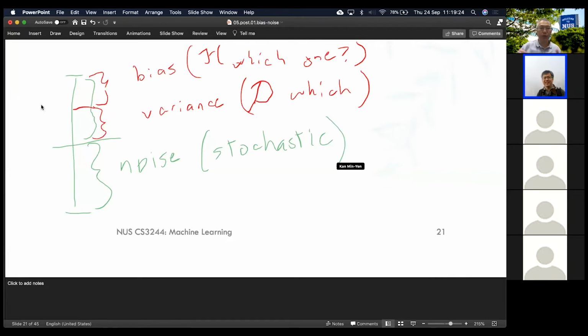So it depends on what you mean by noise. If you're talking about stochastic noise, by default it doesn't directly change the part between bias and variance. But of course, the stochastic noise will be responsible for making your data set D worse, because there's more variation and you can't control that.